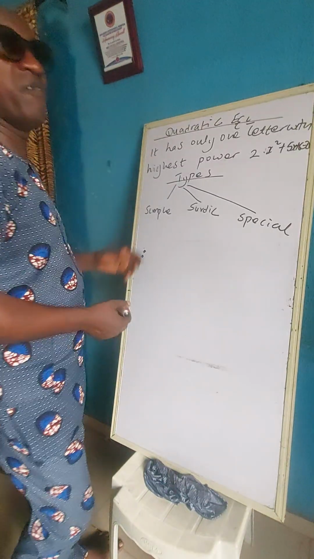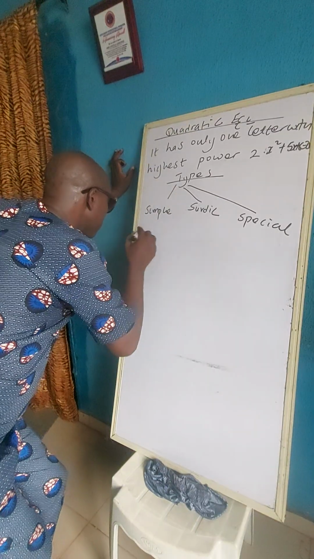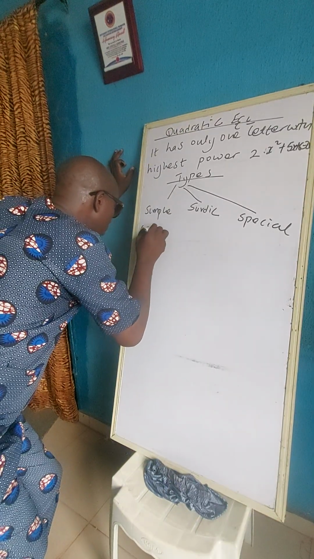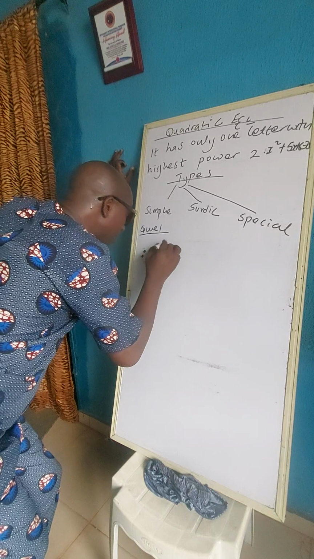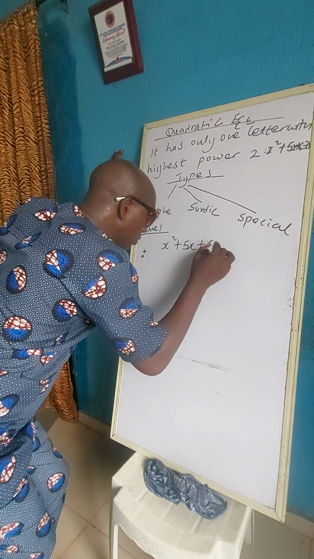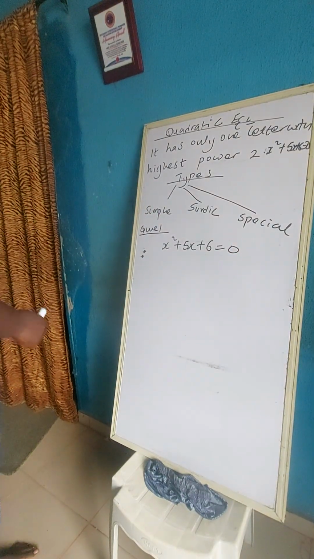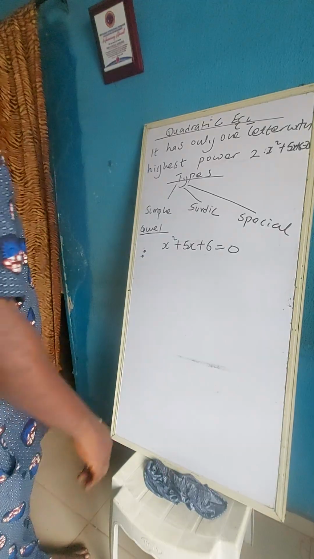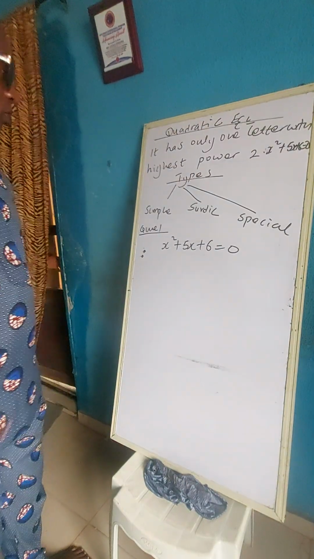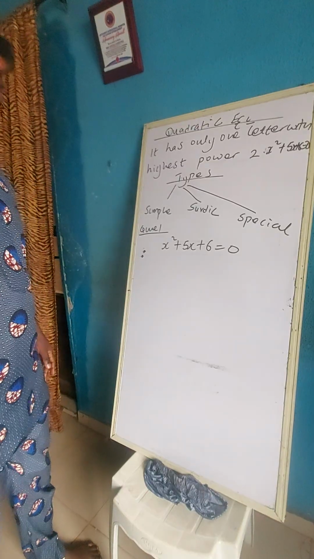Question 1, let's take it from the simple one: x squared plus 5x plus 6 equal to 0.